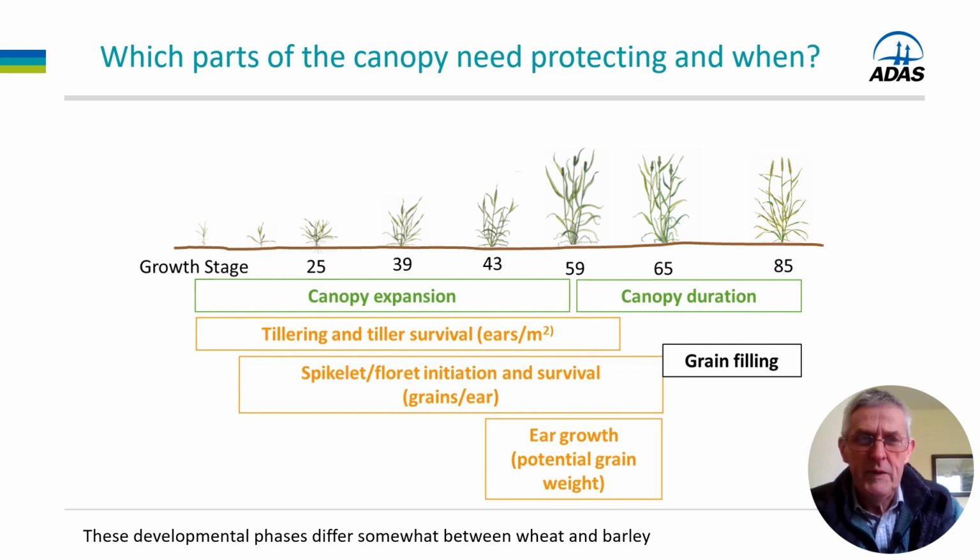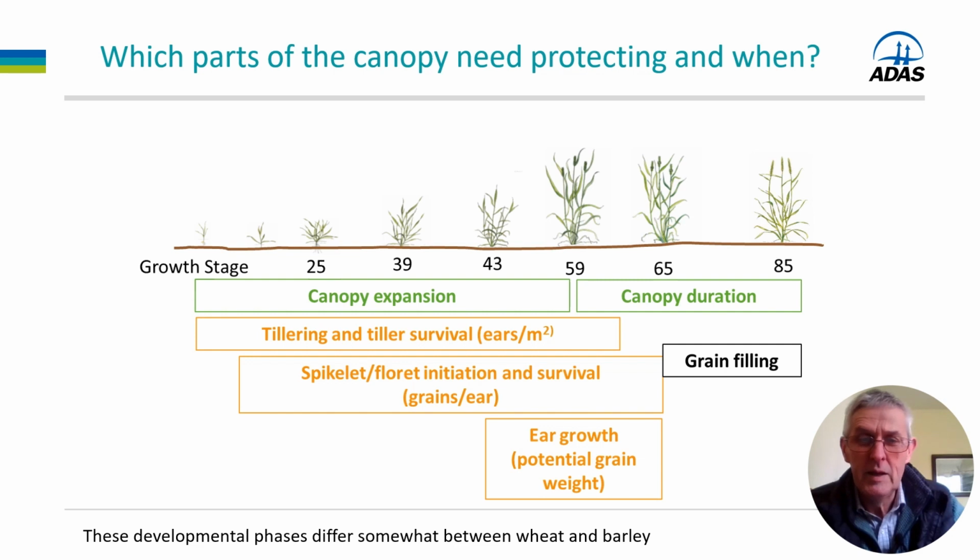In a previous video in this series, we addressed the question of which parts of the crop canopy need protecting from disease and when. And we thought about, in barley particularly, the need to protect the formation of sink capacity through protecting tiller production and survival and ear growth.